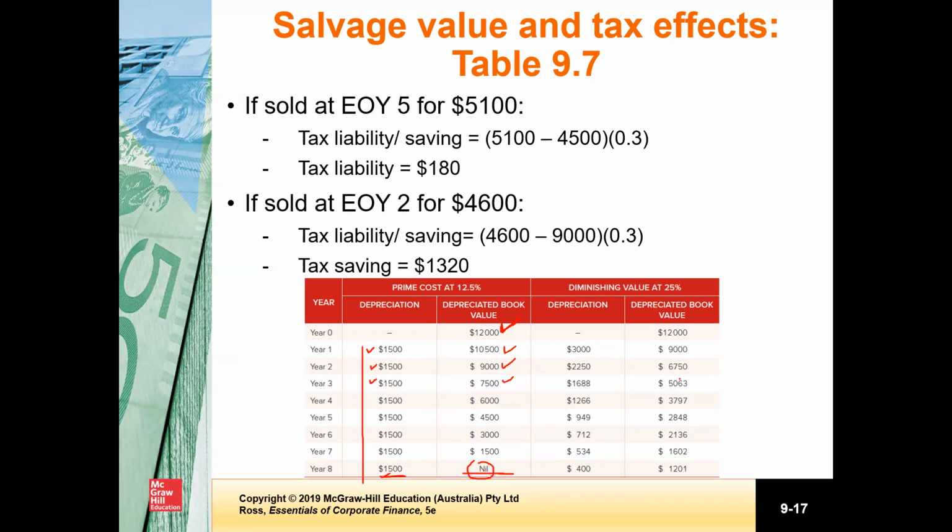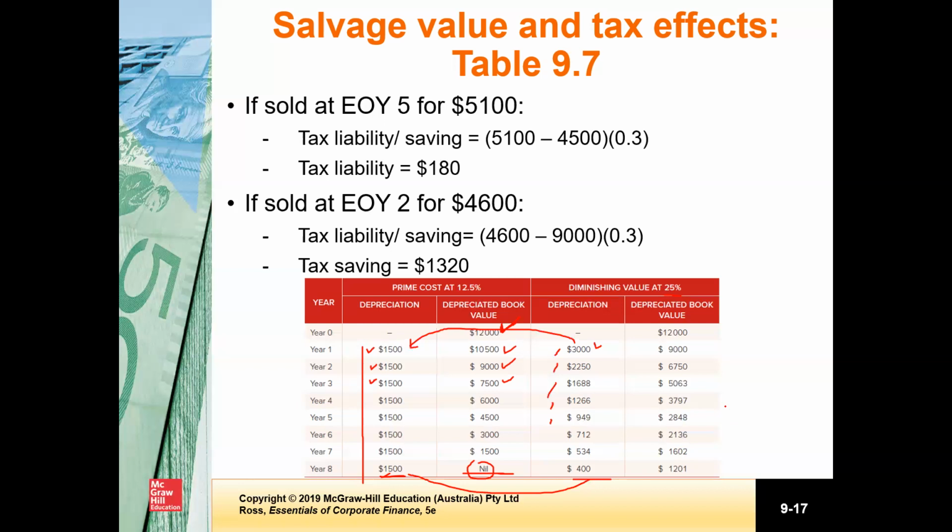On the other hand, with the diminishing value method, you have certain percentages. You can find these percentages in the textbook. Using these percentages, the depreciation is charged every year. You can see that in the initial years, higher depreciation is charged compared to the straight line, and in the later years, lower depreciation is charged.